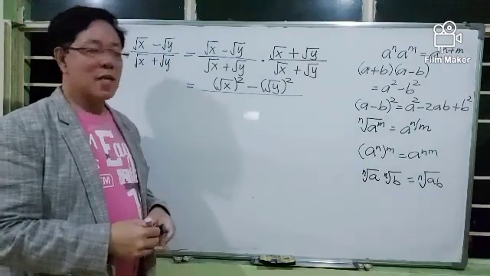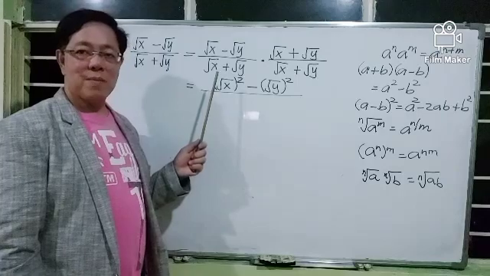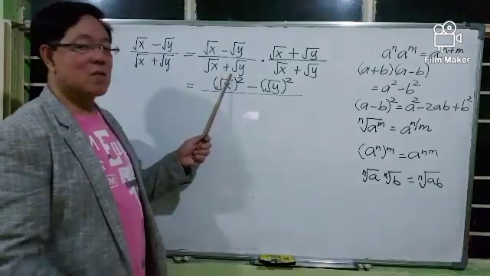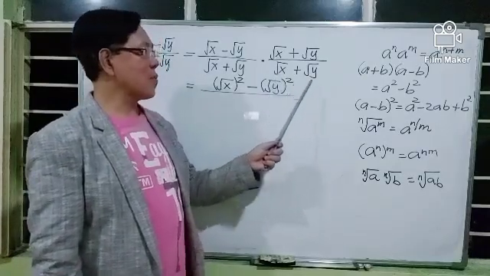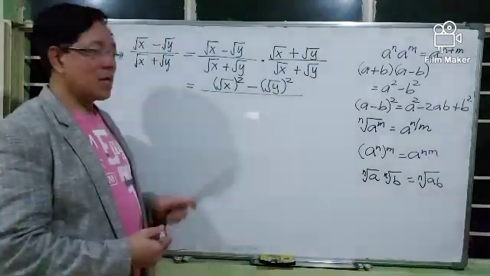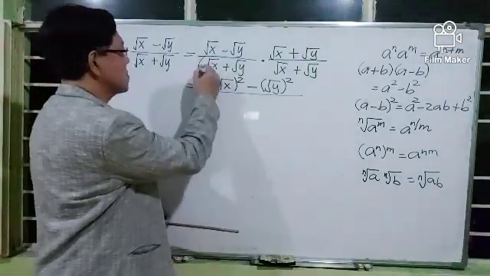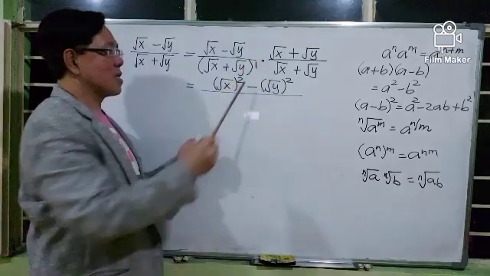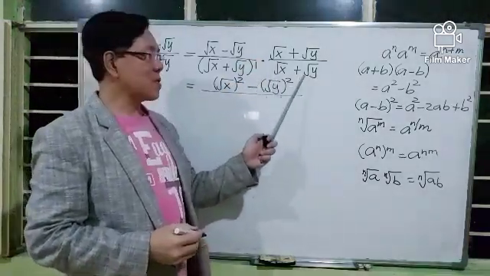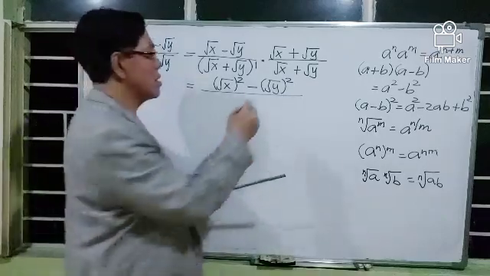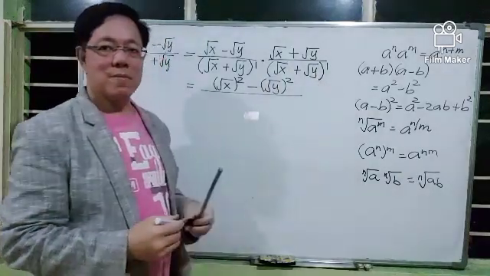In the denominator, we are multiplying two identical binomials, square root of x plus square root of y, multiplied by the same binomial, square root of x plus square root of y. If you take square root of x plus square root of y as one quantity and write its exponent, the exponent is 1.